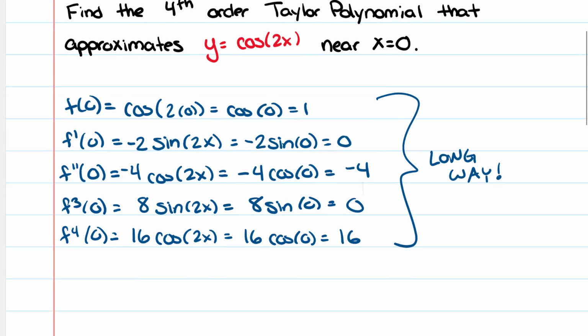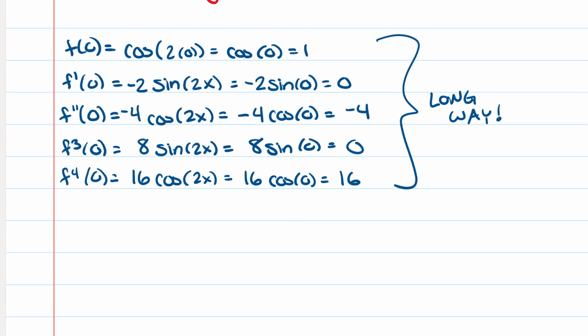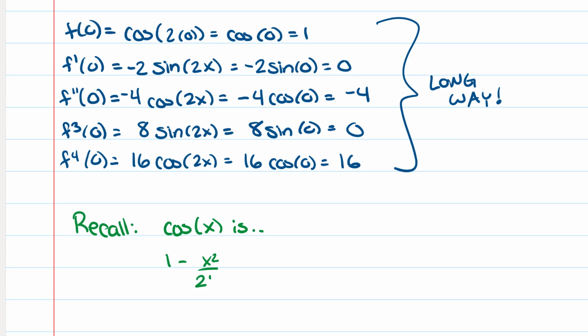But if we know the original Taylor polynomial for the original function, we can use that for our more complicated function. So recall that cosine of x is equal to 1 minus x squared over 2 factorial plus x to the fourth over 4 factorial, plus negative 1 to the n, x to the 2n divided by 2n factorial.